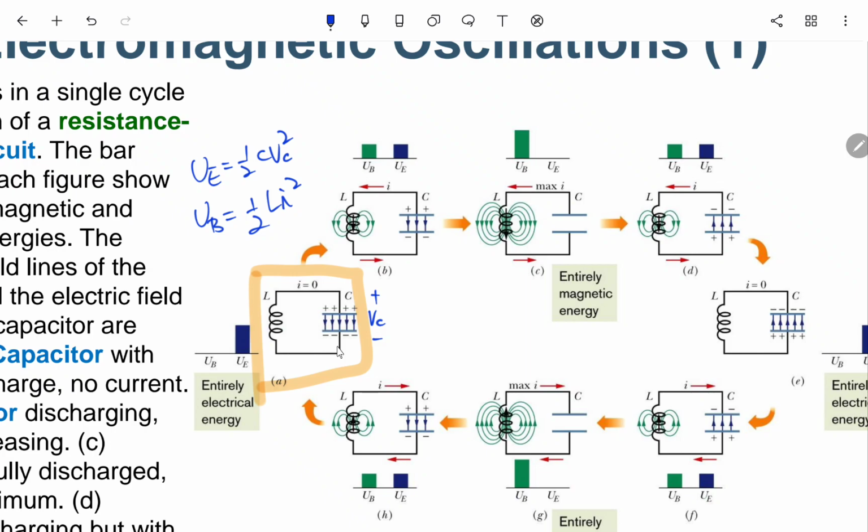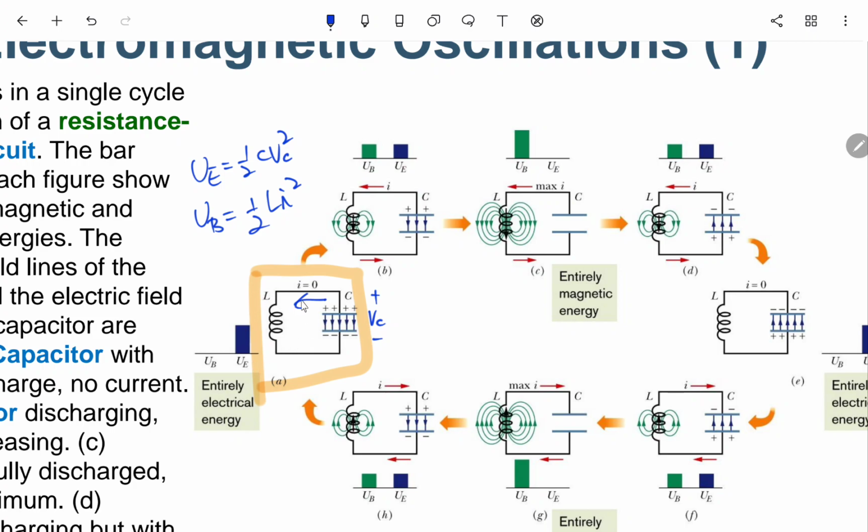Some moment later, at t equals 0 plus, the charge will start to discharge. So there will be current going counterclockwise to discharge the capacitor.